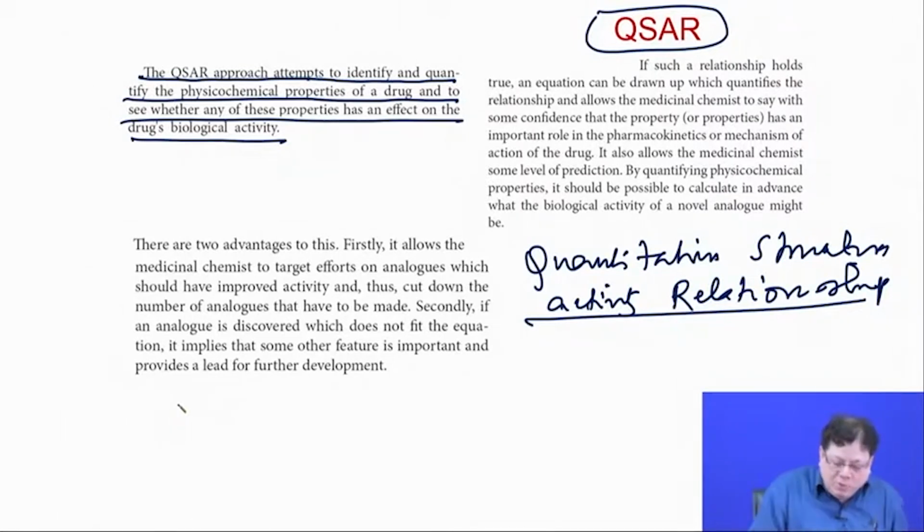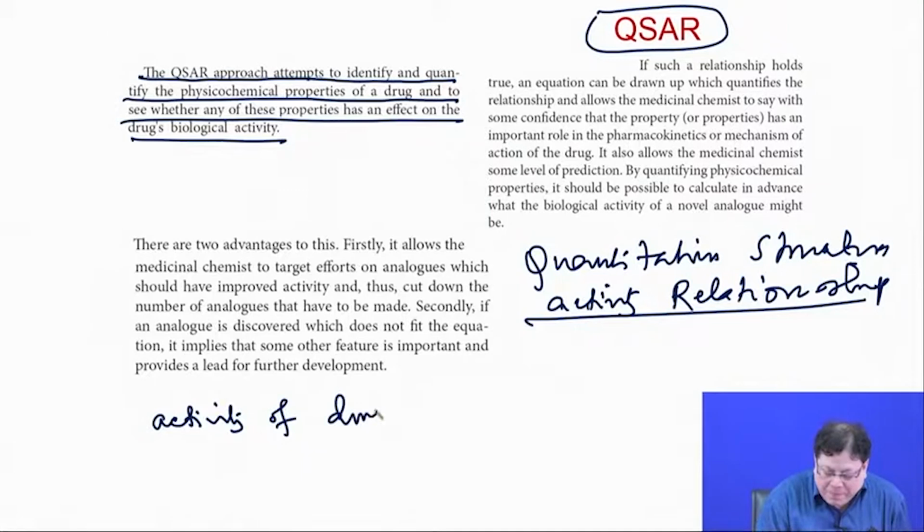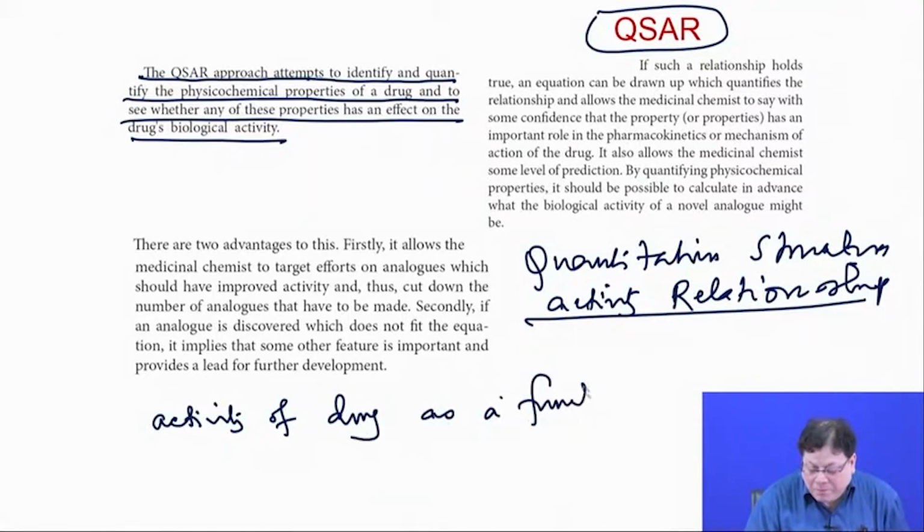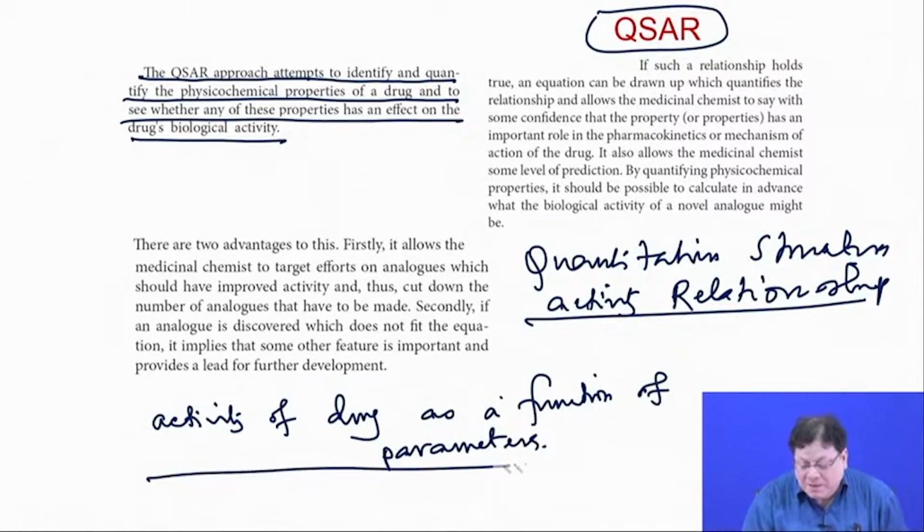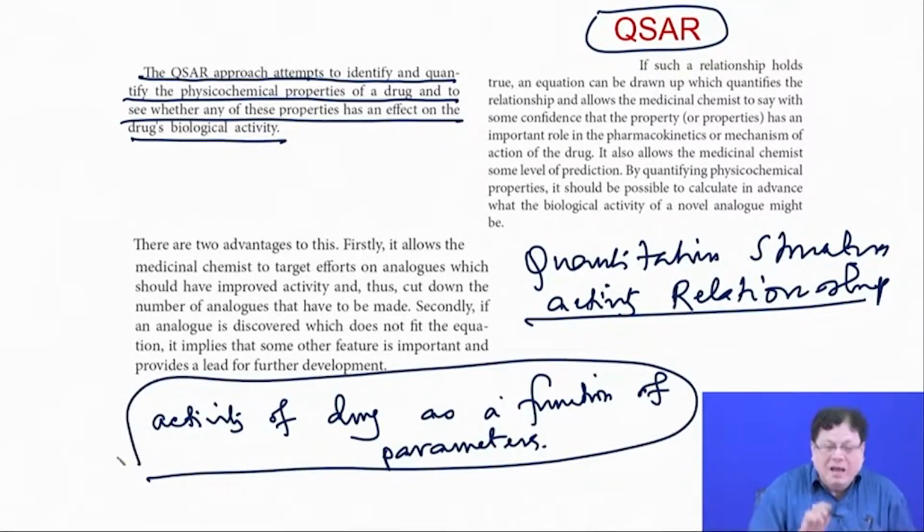Okay. That means what we are trying to say is that the activity of a drug is a function of parameters that one thinks are important, and whether you can connect that to the activity.